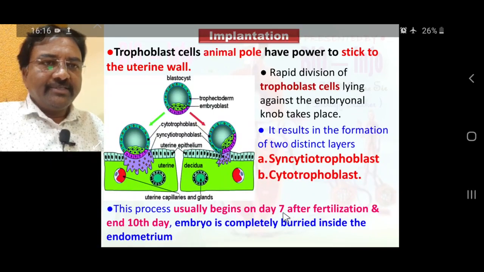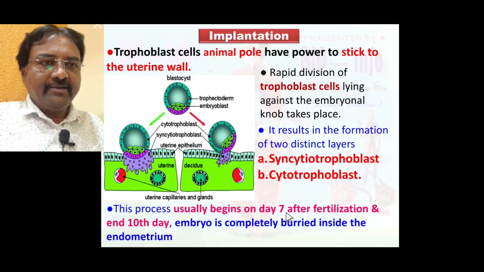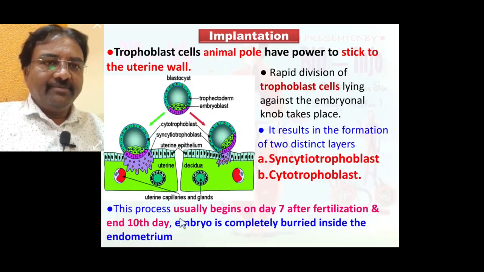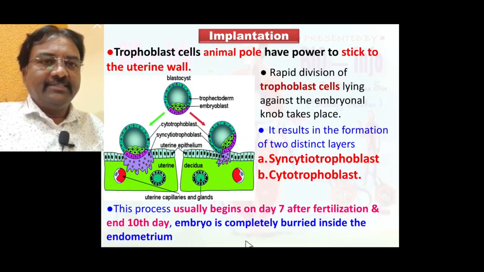So from the 7th day to the 10th day after fertilization, the embryo becomes buried inside the endometrium, meaning the implantation process takes place after the 7th day and is completed by the end of the 10th day after fertilization.